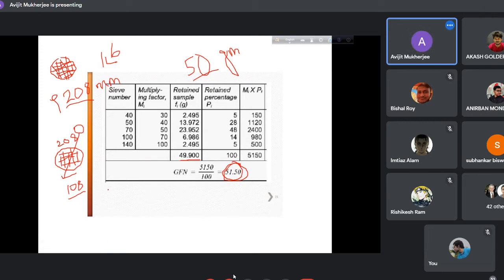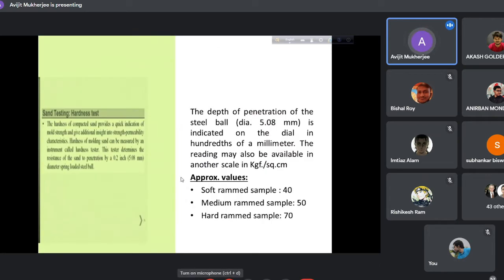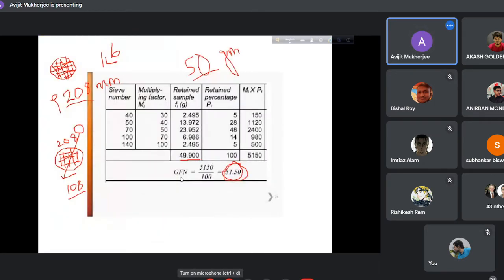So that is the meaning. This will give you an indication of the sample size. If it is more, the finer the particle size. If it is less, the coarser the sand. Accordingly, you can understand the porosity or openness, and you may prepare your mold accordingly.